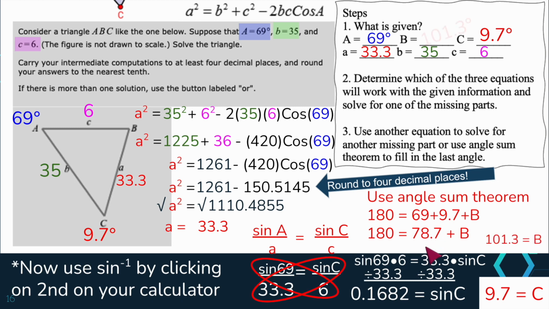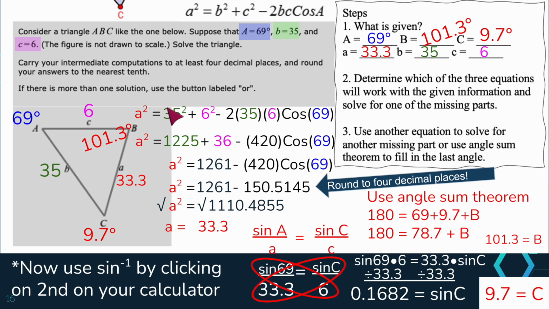And I'm just going to simply subtract 78.7 from both sides to figure out what is left over for my angle B, which is 101.3 degrees. So again, that does not look like a 103.1 degree angle. So do not trust the diagram unless they tell you you can actually measure on the diagram. Never trust the diagram as drawn to scale.